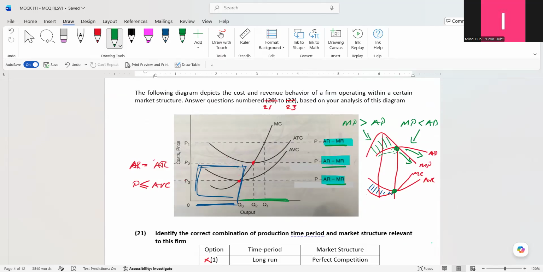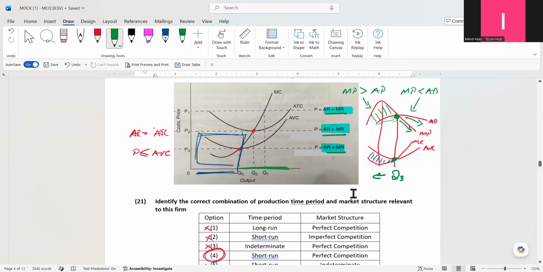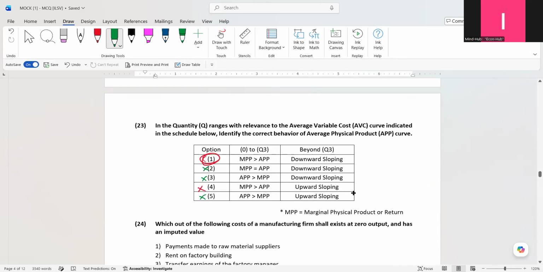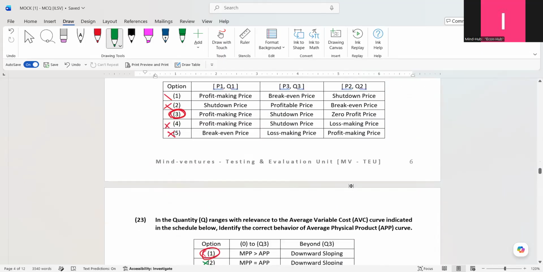Yes, this is basically Q3. Below Q3, marginal product is above average product. So what are we looking for? Yes, marginal product is above average product. MPP is above APP. So answer 1 or answer 4 can be correct.